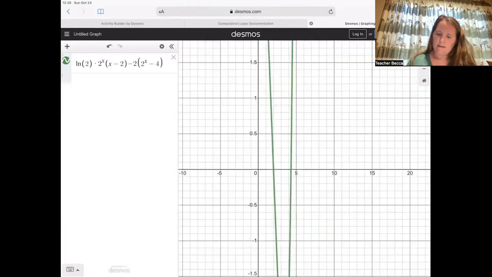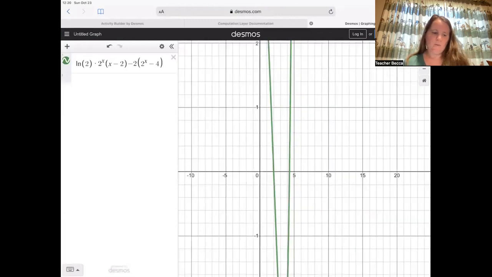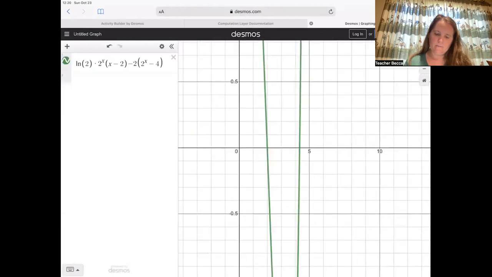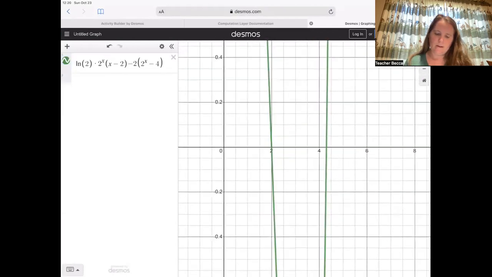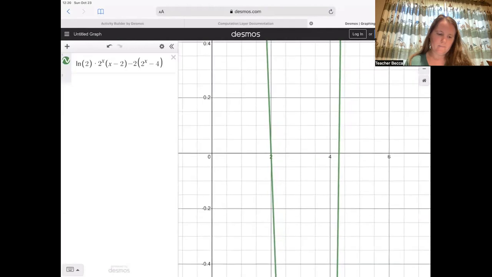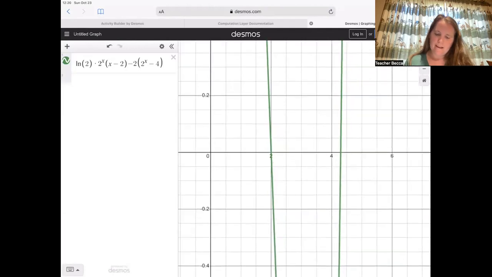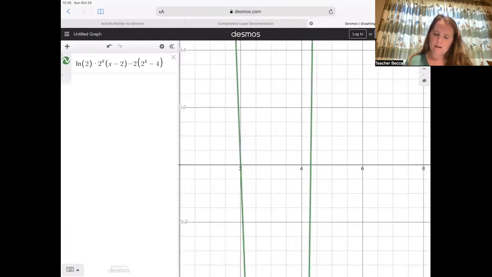So it looks like I've got 2 zeros, one on each side of 2. Oh, nope, I have an undefined at 2. And then I have a 0 at about 4.299.